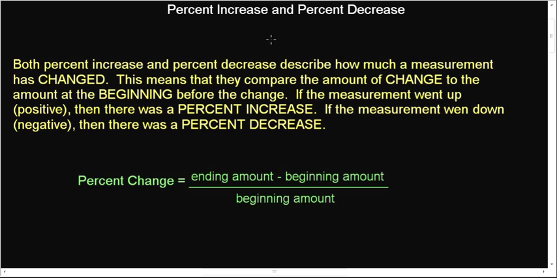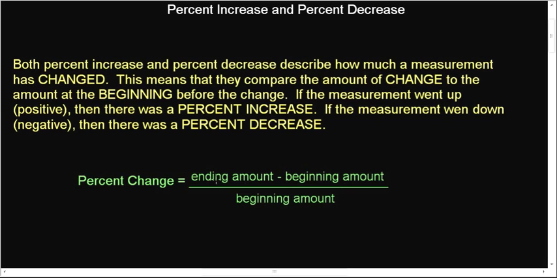Most of the time, the questions are, what percent of decrease is this, or what percent of increase is this? This is a way to do it where you don't know, and you just allow the math to tell you what's really going on.